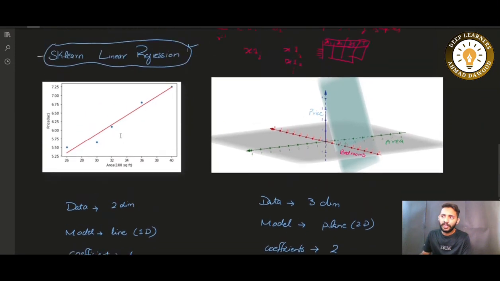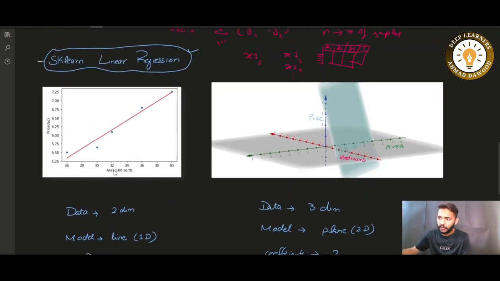If we have one independent variable, like area, and one dependent variable, then we can plot a two-dimensional graph this way. On the x-axis we have area, and on the y-axis we have price.